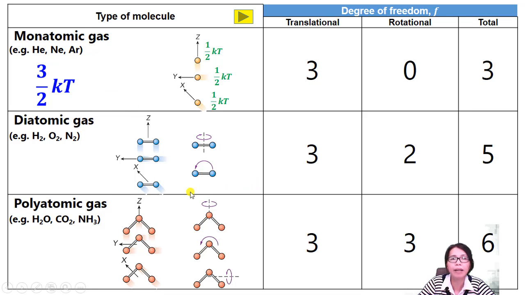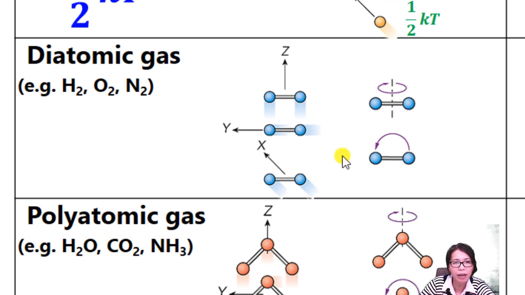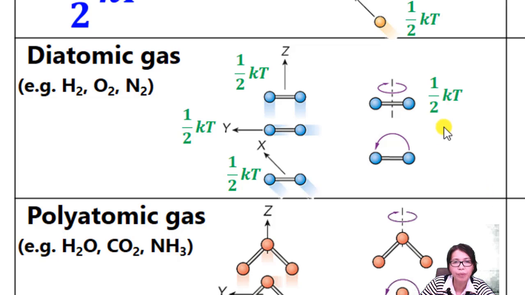Then what about diatomic gas? For diatomic gas, we have 1/2 kT for the translational motion along the z-axis, 1/2 kT for the translational motion along the y-axis, and 1/2 kT for translational motion along the x-axis. Besides that, they have 2 rotational motions, and each one contributes 1/2 kT.